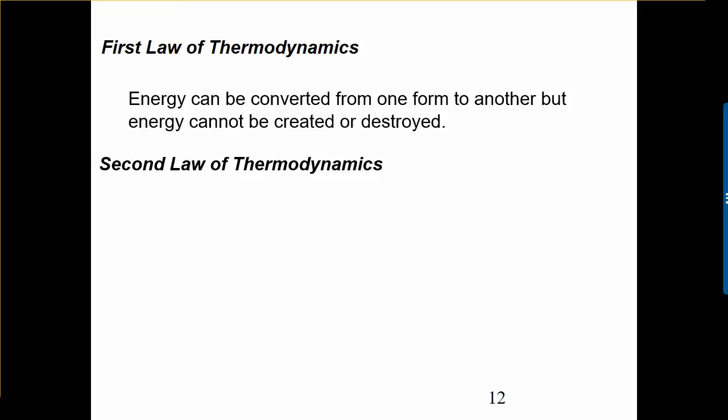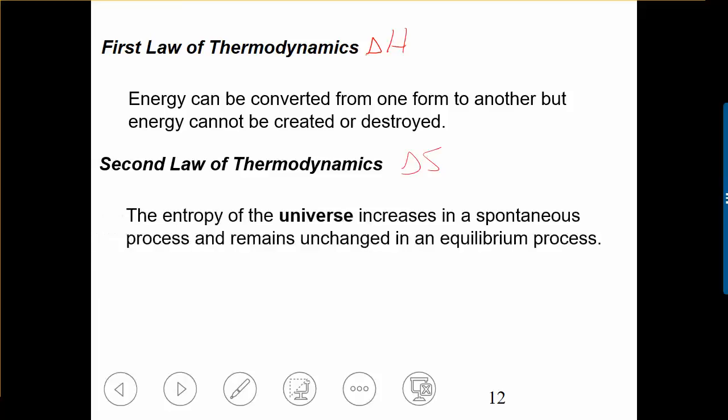The second law of thermodynamics, delta S, is that the entropy of the universe increases in a spontaneous process and is unchanged in equilibrium. Okay, so energy cannot be created or destroyed, right? I don't create energy. It just gets transferred.